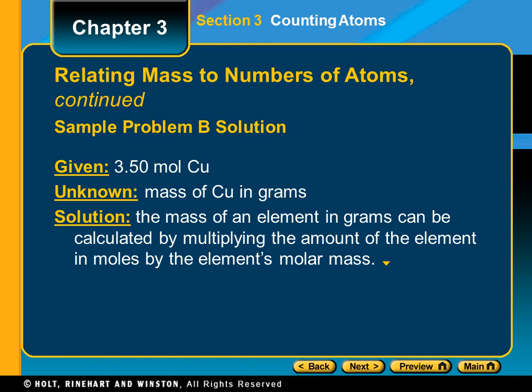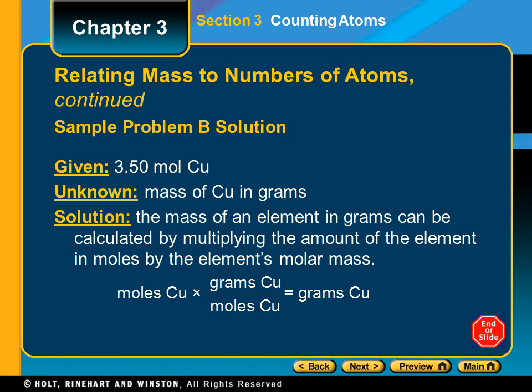The mass of an element in grams can be calculated by multiplying the amount of the element in moles by the element's molar mass. So, moles of copper times grams of copper over moles of copper equals grams of copper. That's what that looks like formulaically.